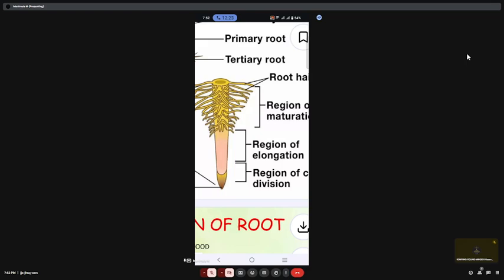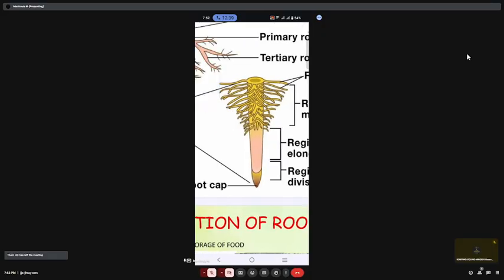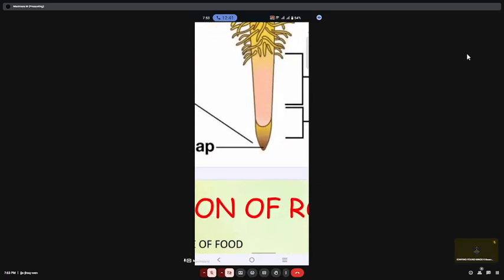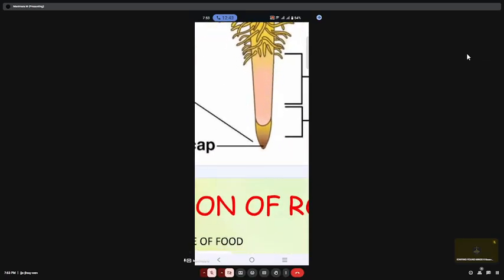If you take a typical root, the root tip, or apex, is covered by a thimble-like structure called the root cap. So at the tip, the root apex is protected by the root cap.